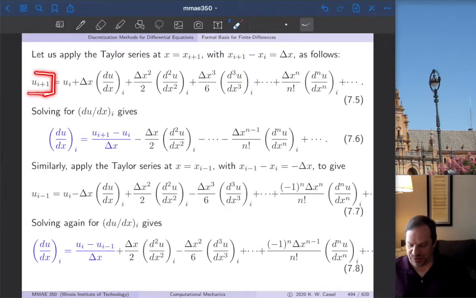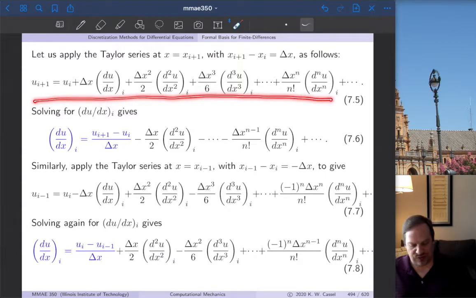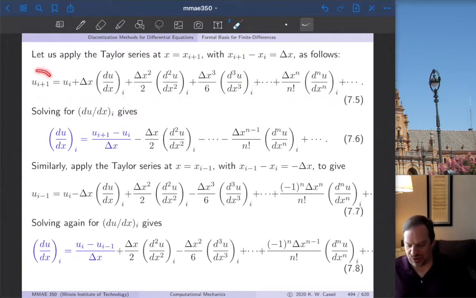So now we're getting an approximation for u at the point to the right in terms of the point itself, u_i. And so here's that Taylor series, same as before, substituting u_{i+1} for u of x and delta x, which is this distance, for the x_{i+1} minus x_i.